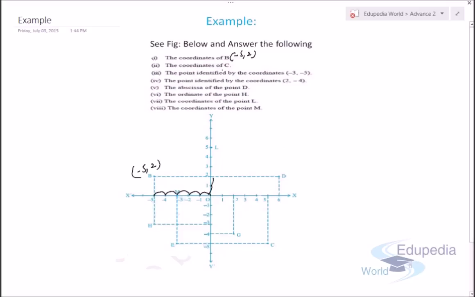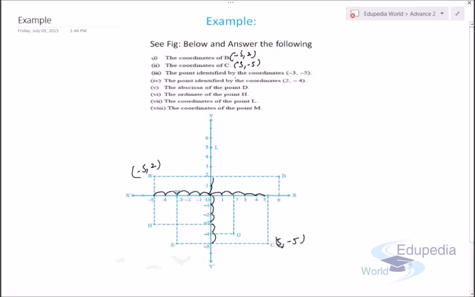Now we have to write the coordinates of point C. Clearly we can see x is in the positive direction, so this distance is 1, 2, 3, 4, 5, and y is in the negative direction, so it is 1, 2, 3, 4, 5. So the point will come out to be 5 and -5.